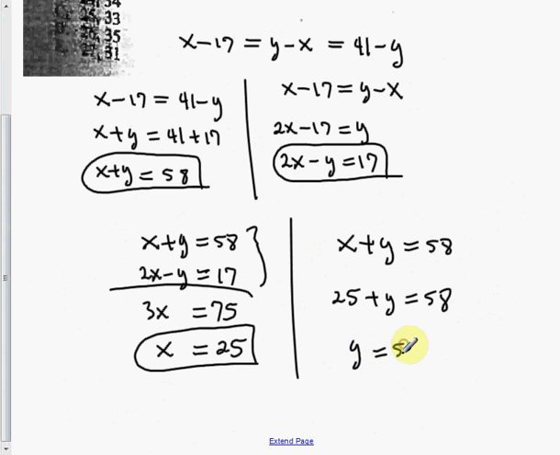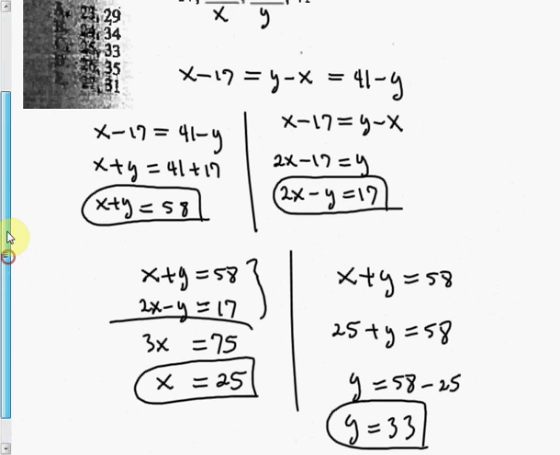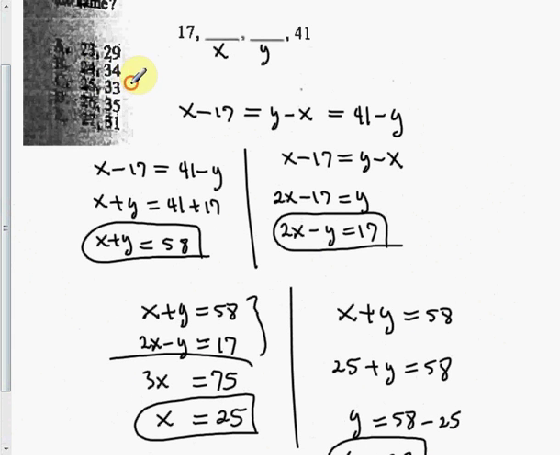So y is equal to 58 minus 25, so y is equal to 33. Now, I will say there are one or two more ways you can solve that. It doesn't matter which path you choose, it'll still get you there. That's just the path that I chose. And so the two numbers are 25 and 33. Looks like part C kind of got fuzzy there with the copying.